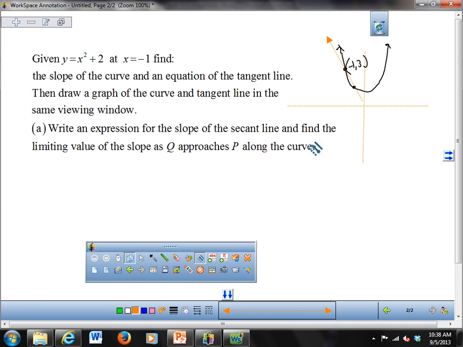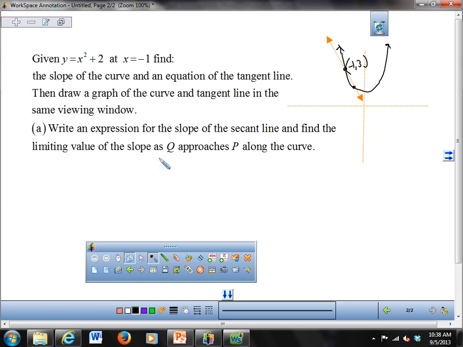And this point is going to be f of x plus h. So it says write an expression for the slope of the secant line and find the limiting value of the slope as q approaches p along that curve.